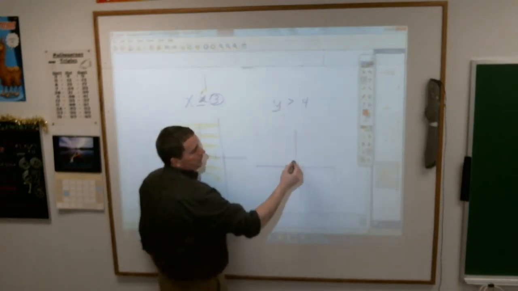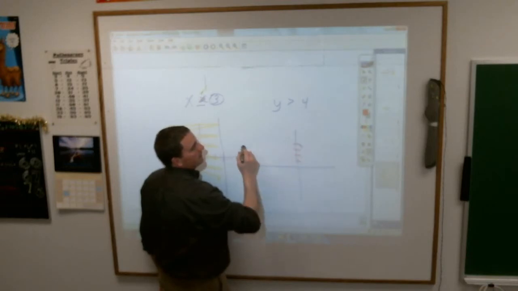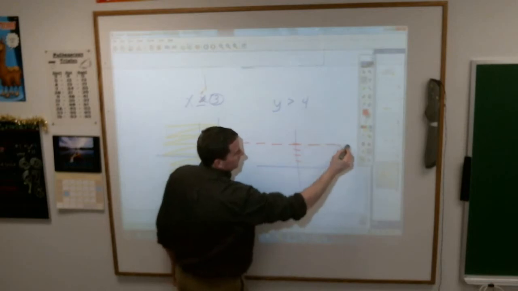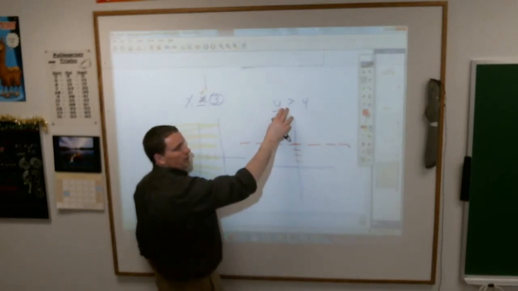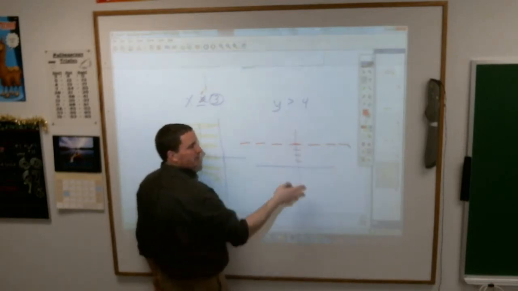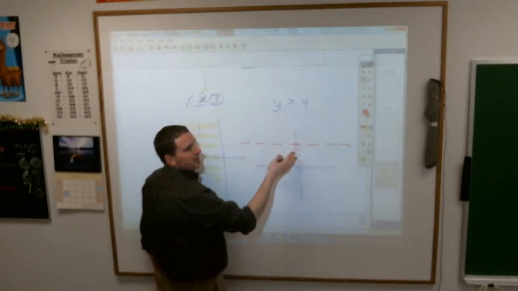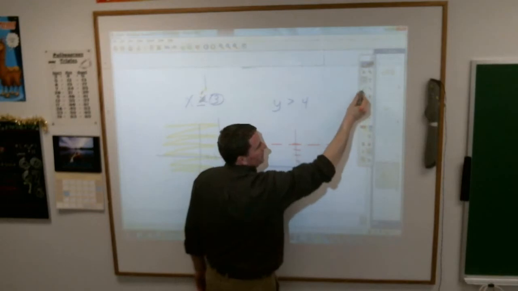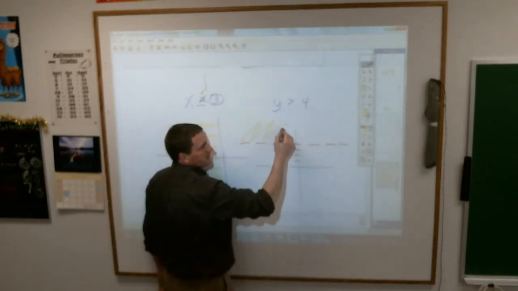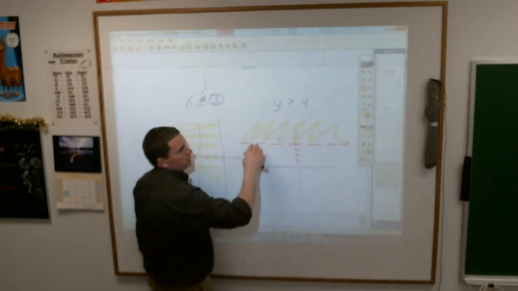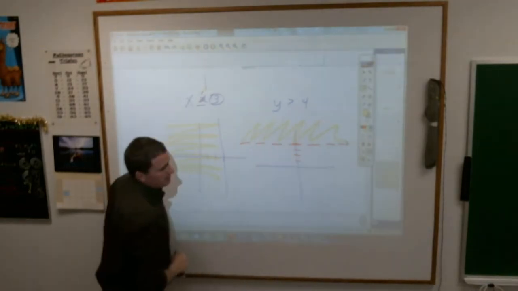Where y is 4, 1, 2, 3, 4, it's a dashed line because it's not equal to 4, but it starts at 4. What side am I going to color in, the top or the bottom? Top. Y has to be greater, so the numbers have to keep getting bigger for y. So you're going to color in the top side. Y has to be greater than those numbers. If y is less than, then you color in the bottom.